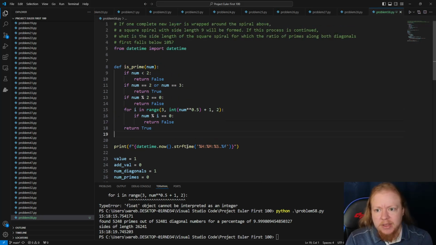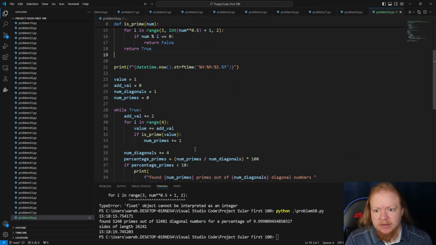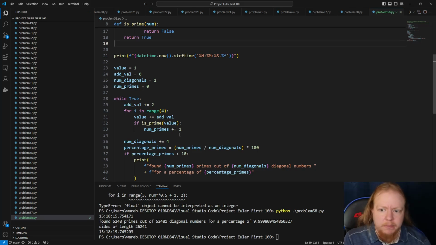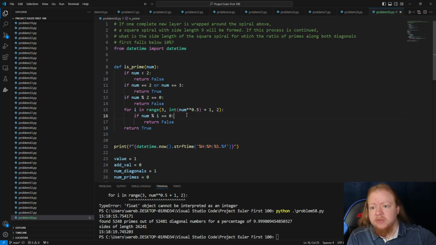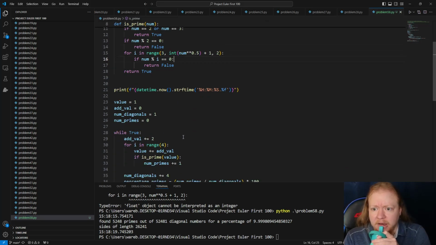And since we don't care about all of these numbers, we can just do it this way. We can check each individual number, whether it's prime. We only have to look up to the square root for these factors, because the largest factor for any number is its square root.